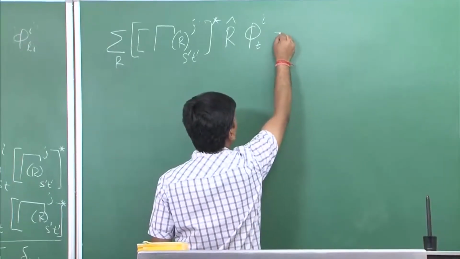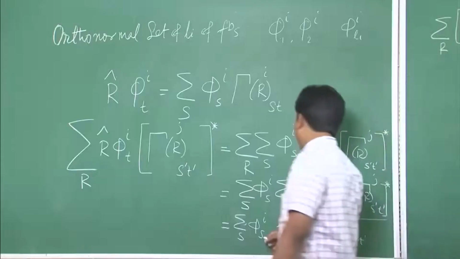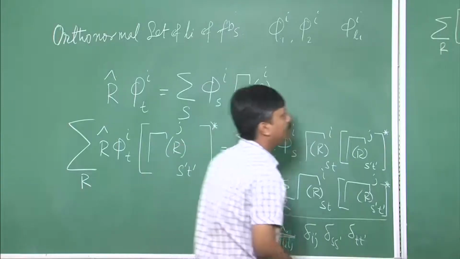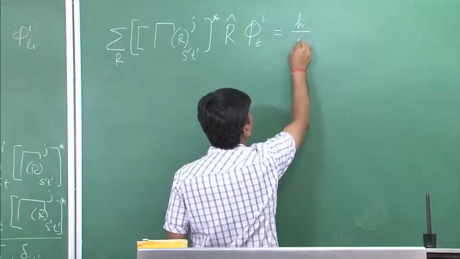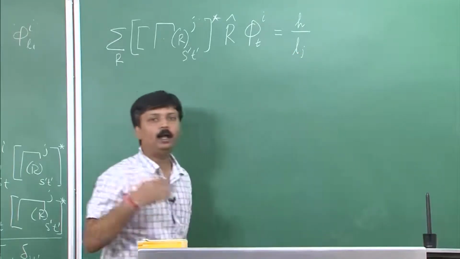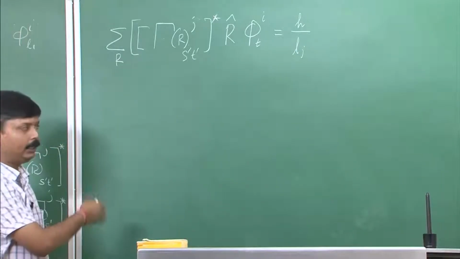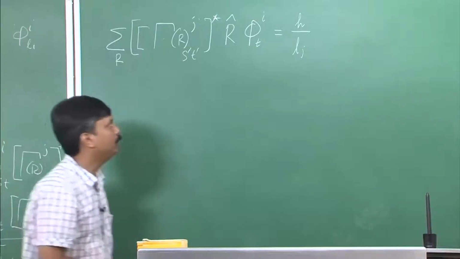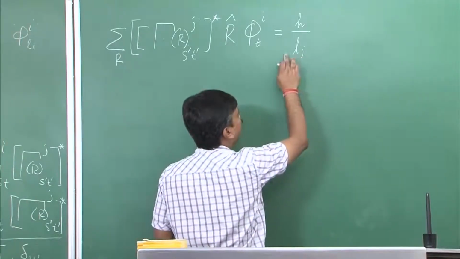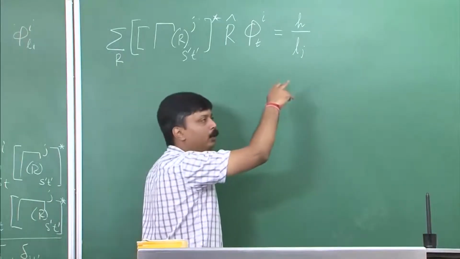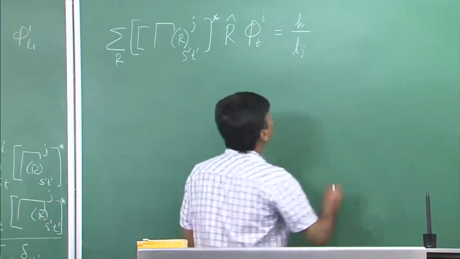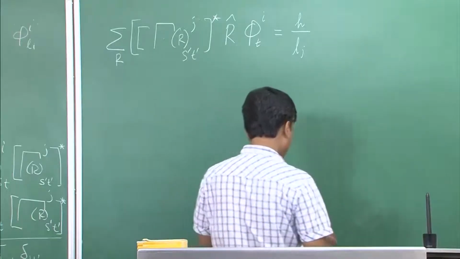Okay. So this is equal to, from whatever I said, I can write that h by Lj, because when i equals j, then only this right hand side will survive. So therefore, for i equals j, I have Li equals Lj. So Lj squared and take a root, I get Lj.